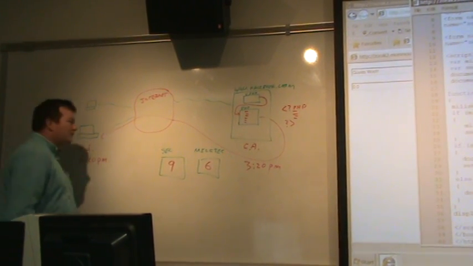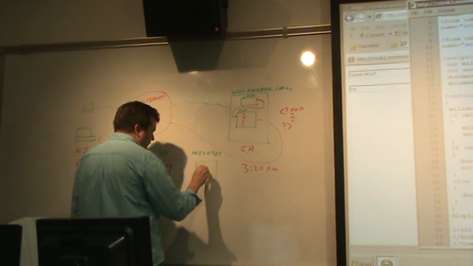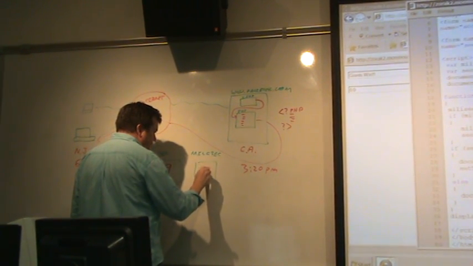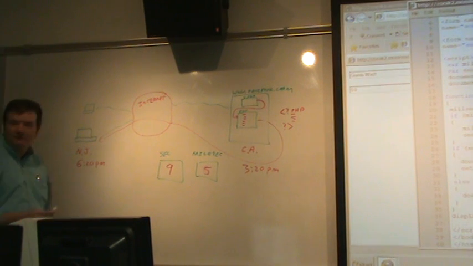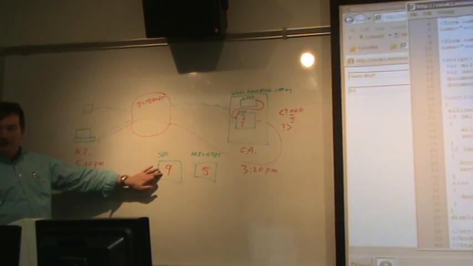Then what should we do? We should subtract 1 from here. Always we subtract 1 from here. Should we change this one? Should we change the 9? We don't need to change the 9.